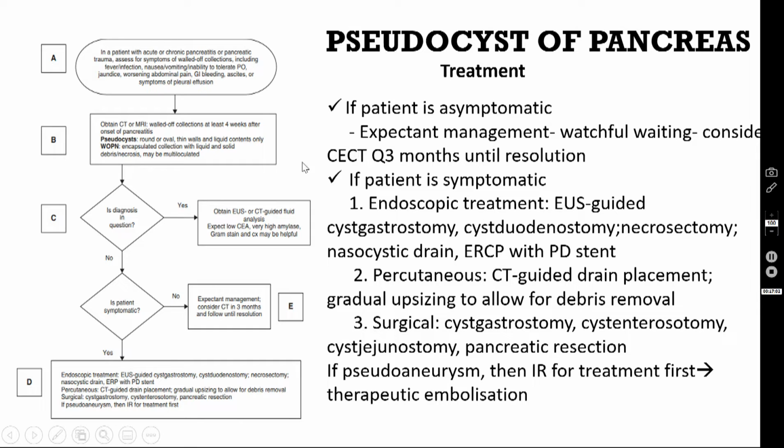So coming to the treatment of these patients, if the patient is asymptomatic, then we can do expectant or conservative management. What we have to do is watchful waiting. Consider CECT every 3 months until the whole swelling resolves. If the patient is symptomatic, then you can do 3 types of treatment.